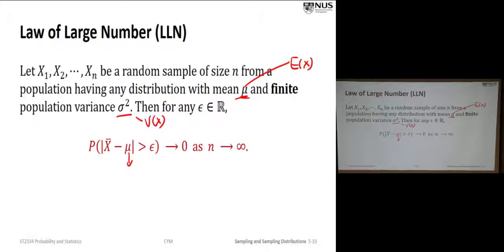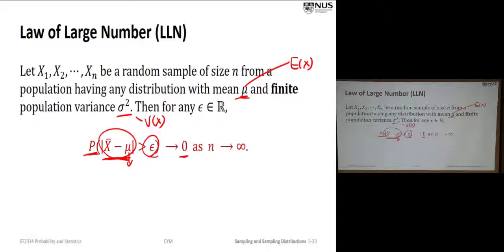So it's saying that the difference between your random variable and the expectation of x, which is mu, is greater than a certain value epsilon, and the chance of that is approaching 0 as n goes to infinity.